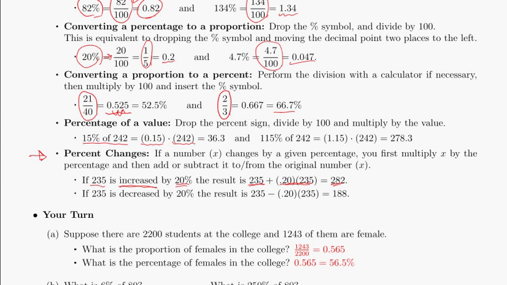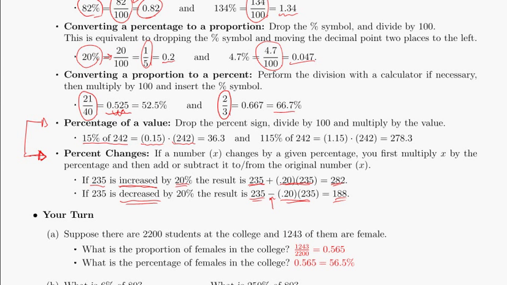If it is decreased by 20%, then you take the original amount and you subtract 20% of the original amount, and you get 188. And a lot of people confuse percentages of a value with percent changes, and you'll notice they're very different.